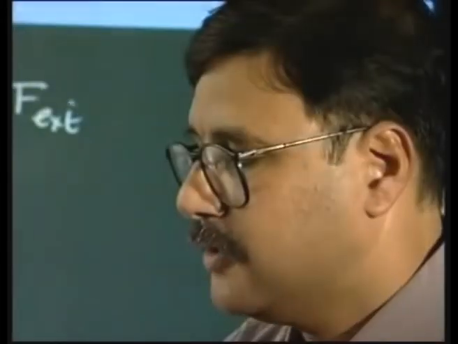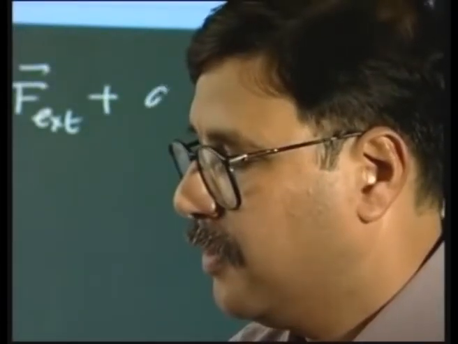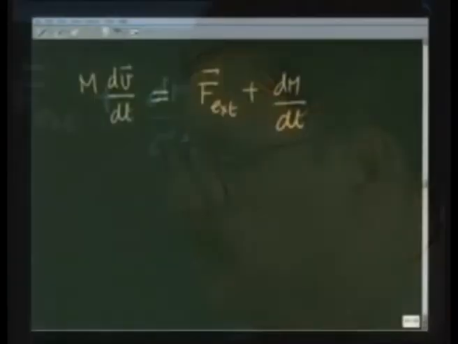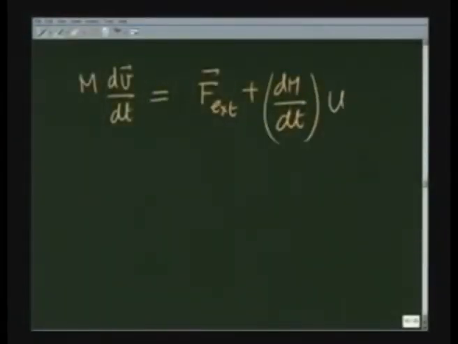When I take the limit delta t going to 0, this term can be dropped because it has a delta t on top, and therefore we neglect it. So, the final equation that I get from this is m dv/dt equals F external plus dm/dt times u relative.